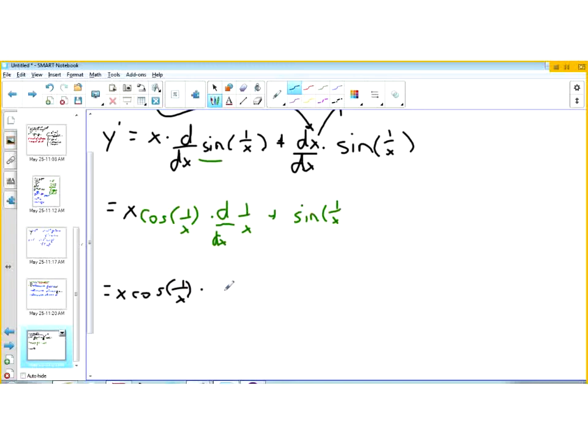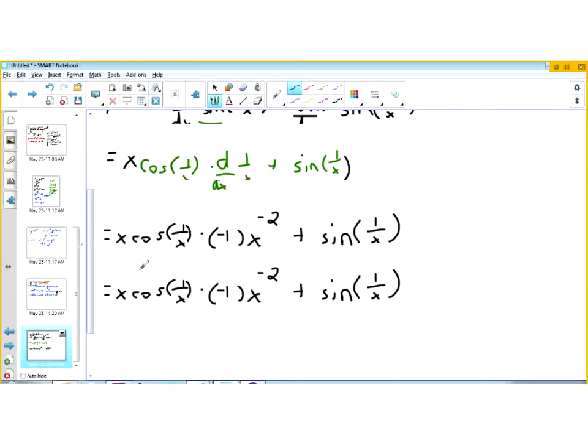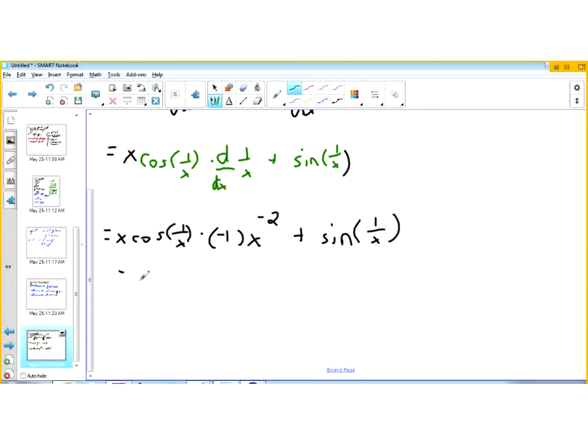Okay, and the derivative of 1 over x, as we've noted before, would be minus 1 times x to the minus 2, plus sine of 1 over x. And then we can simplify this, so this would be minus cosine of 1 over x times 1 over x plus sine 1 over x. Okay, all right.